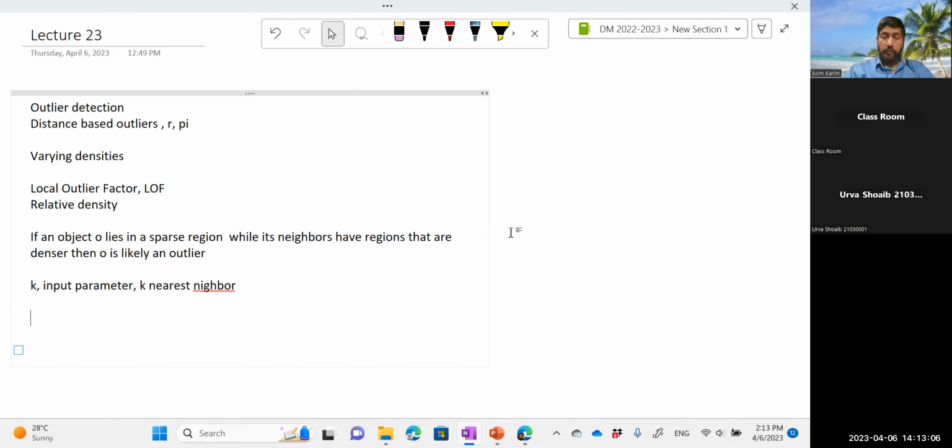So then we have a notion of the K distance, or distance K, whatever you want to call it. So this is basically the distance to the kth nearest neighbor.